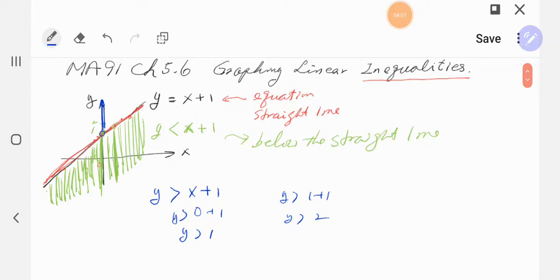So x equals 1, this is 1, then this is 2, right? So greater than this number, so above the line, isn't it? And so on. Whenever x is given, you have a y value, but y is always greater than the given number, so always above the line.